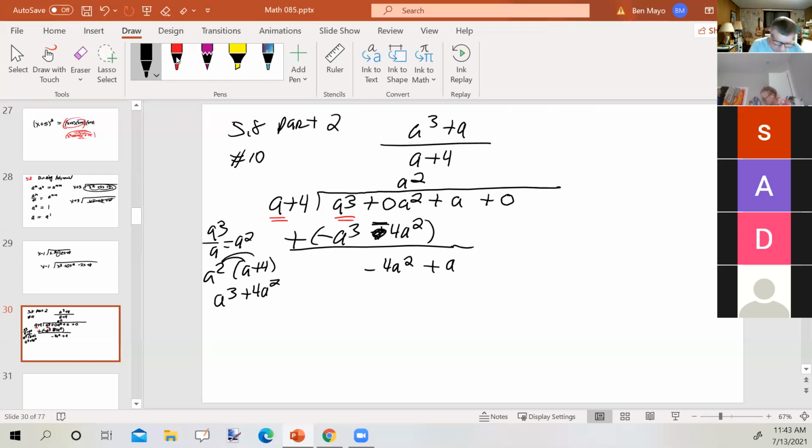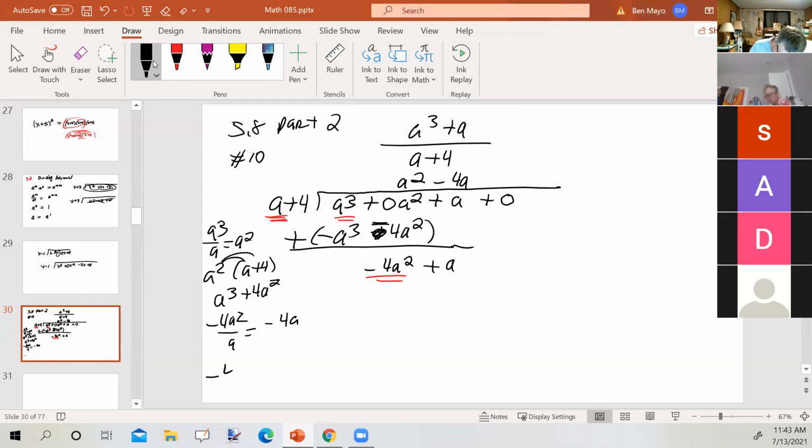Start the process over. Divide the leading term inside by the leading term outside. Negative 4a squared divided by a is negative 4a. So I get minus 4a.